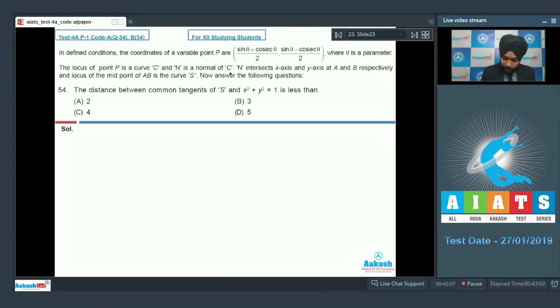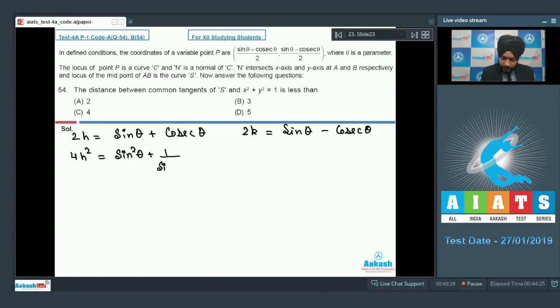Okay. So we have P as, let us say, h comma k. So 2h is sine theta plus cosecant theta, and 2k is sine theta minus cosecant theta. So from here we have 4h square equal to sine square theta plus 1 by sine square theta plus 2, and 4k square equal to sine square theta plus 1 by sine square theta minus 2.